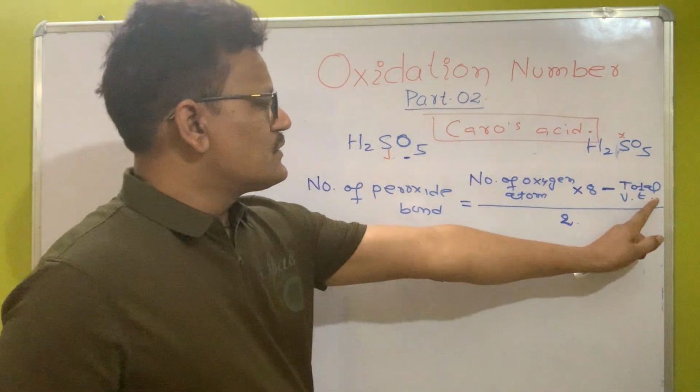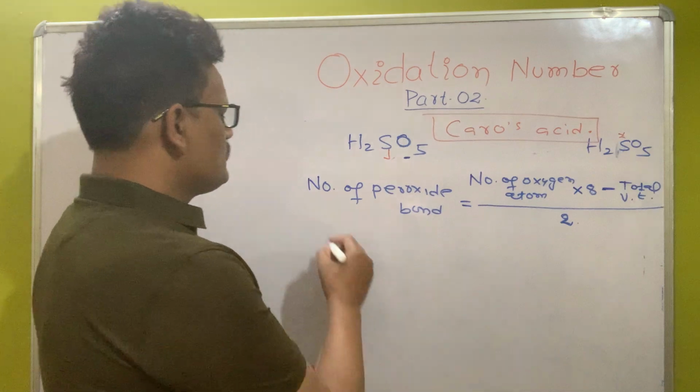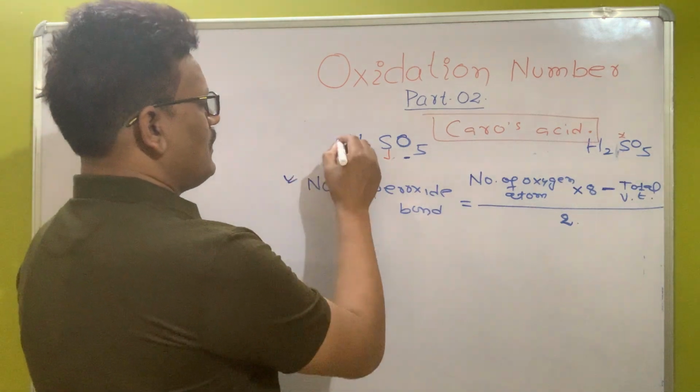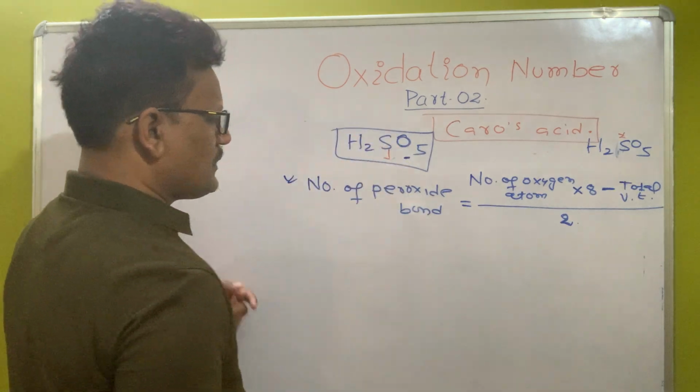And total includes each and every atom present in the molecule. So using this formula, calculate the number of peroxide bond in H2SO5.